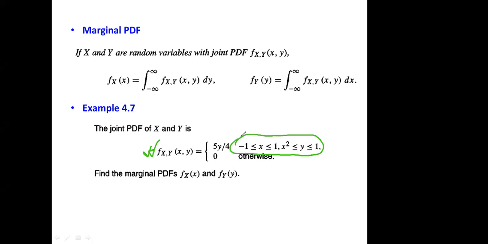Look at this one. This is not a rectangle, but something else. What actually is it? Remember, the y value is equal to x squared.